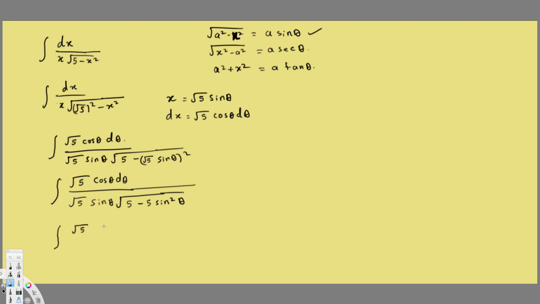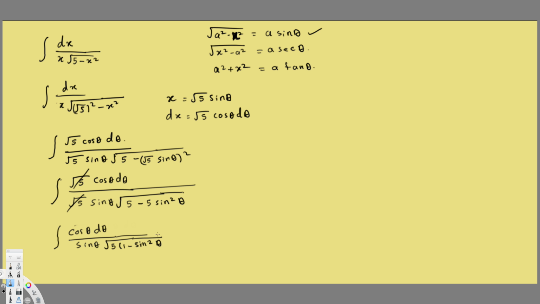Square root of 5 cos theta d theta. I can already cancel these two, so let's get rid of this one. And this is cos theta d theta, and in the bottom sine theta square root of, I can take the 5 common, so this is going to be 1 minus sine square theta.